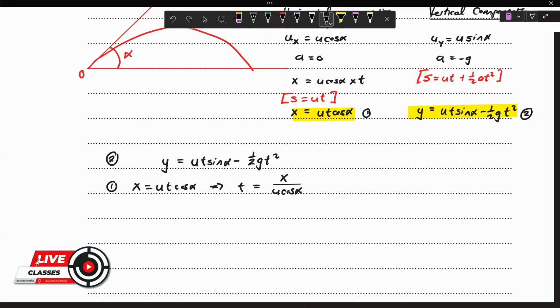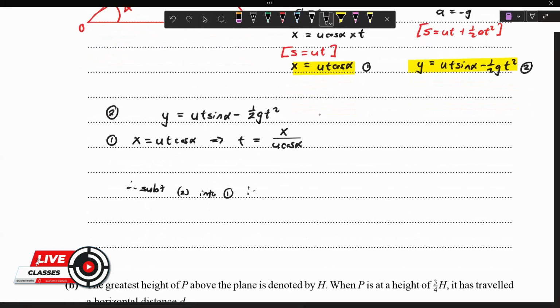So we're going to substitute that into equation 2. So basically that's going to be y is equal to u sine alpha times t, so that's of x over u cos alpha, and that's minus half g of t squared, actually, that's x over u cos alpha squared.